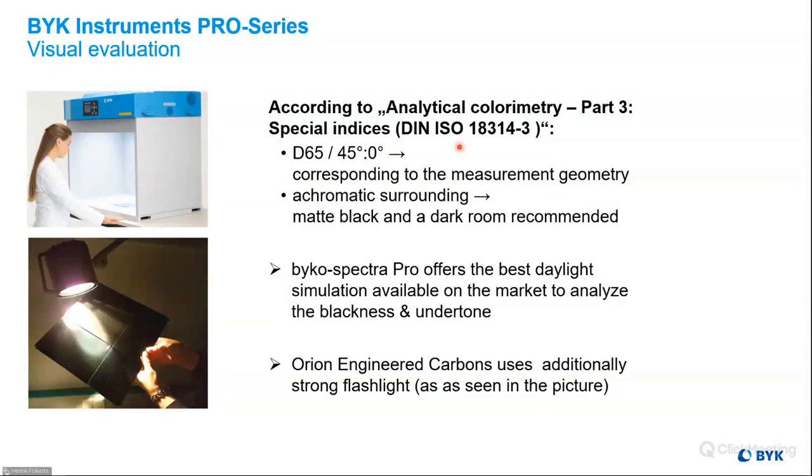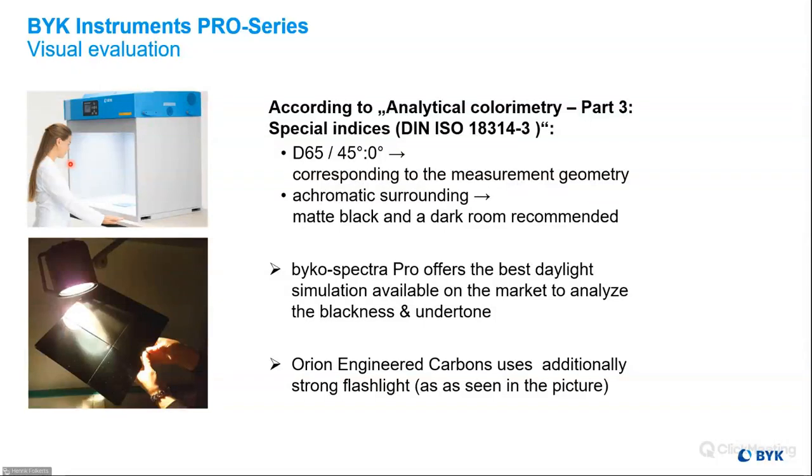For example, in the DIN ISO 18314 Part 3. And this standard asks for daylight D65 and the instrument geometry 45:0 or the visual checking setup 45:0. That means light illuminates perpendicular to the sample, like here in a light booth. The light comes from here to the sample.